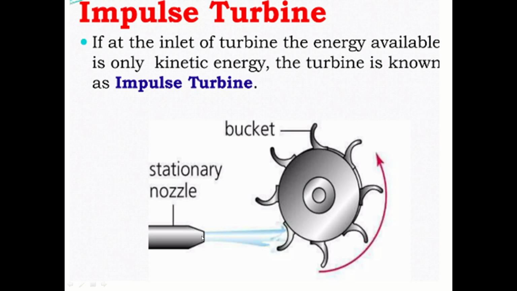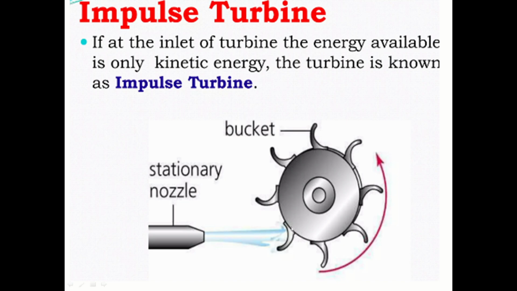When this jet of water hits these vanes, the turbine will be rotated like this. That means because of the impulse of the water hitting these vanes, the turbine is rotated.